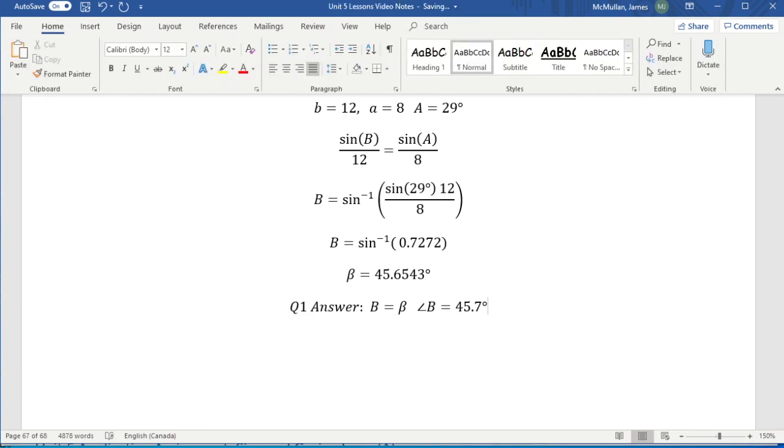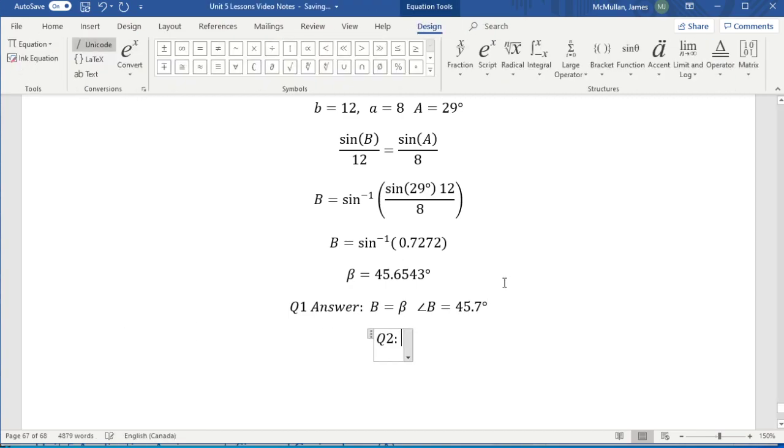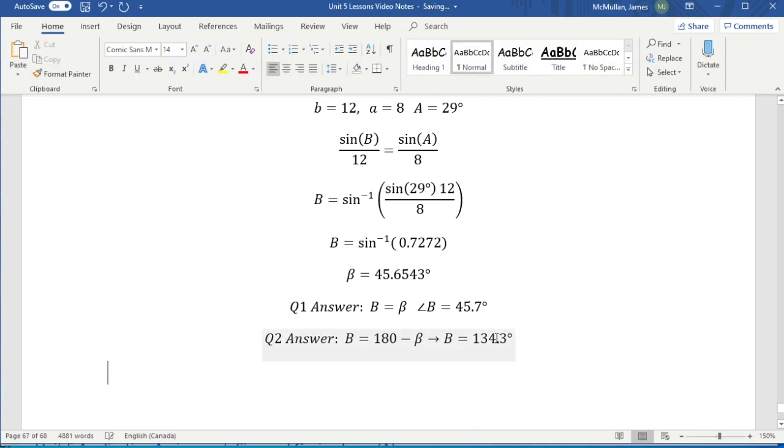The other option is a quadrant 2 answer, in which case B is equal to 180 minus beta. In this case, B would be 180 minus 45 is 135, and then minus 0.7 is 134.3. So that would be my other option.